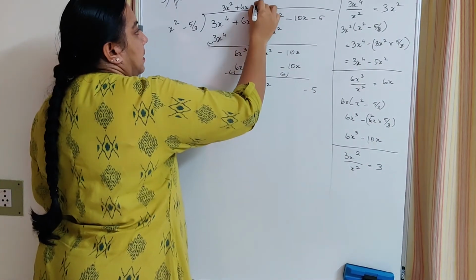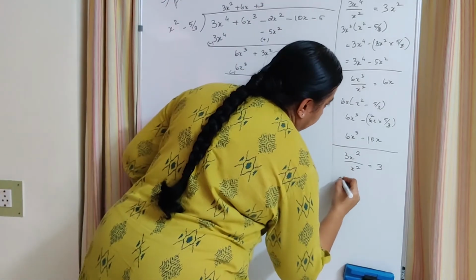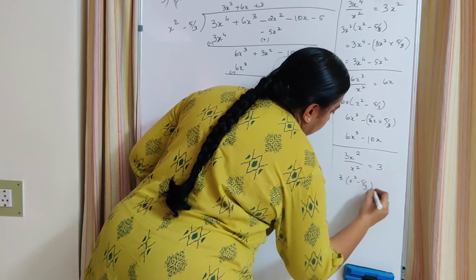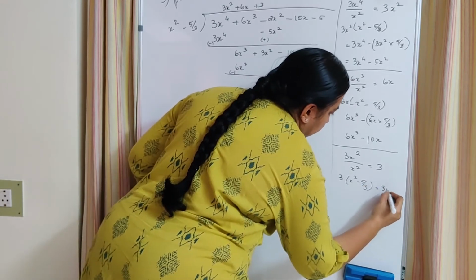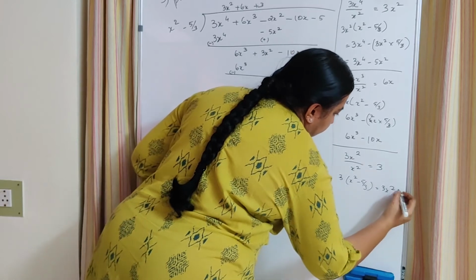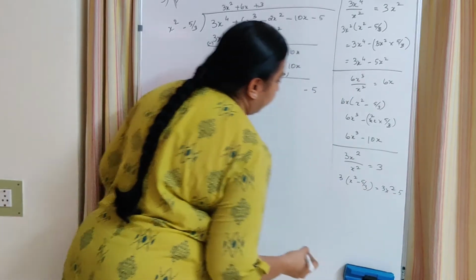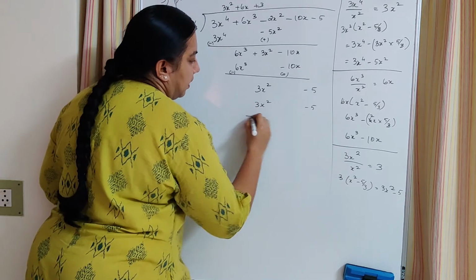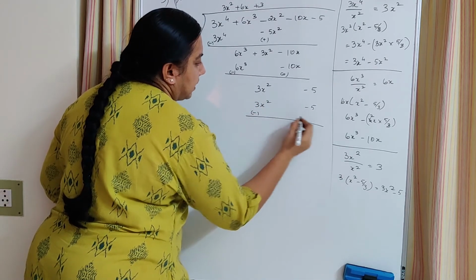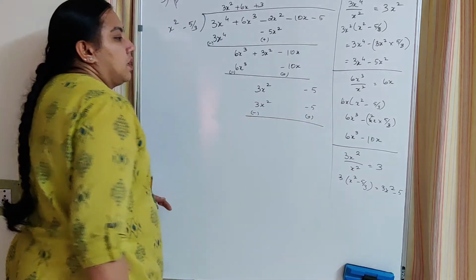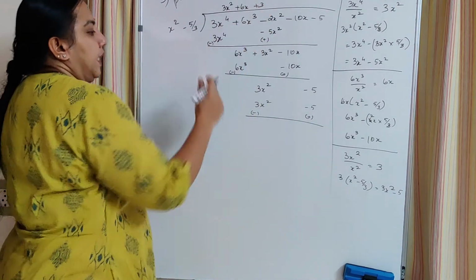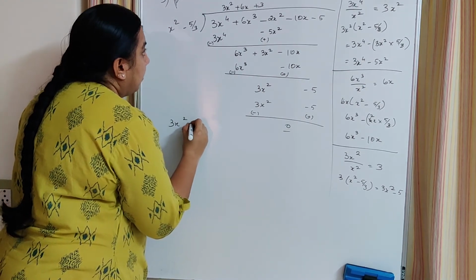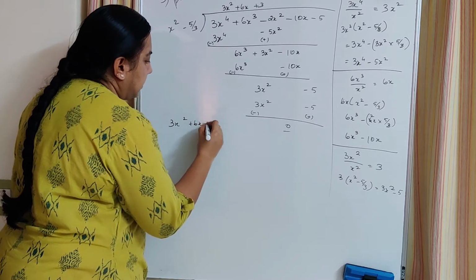So plus 3, and again 3 into x square minus 5 by 3 is equal to 3x square. 3 and 3 get cancelled, so only minus 5 is left there. 3x square minus 5. As it is subtraction, I am changing the sign. So both the terms get cancelled and we get only 3x square plus 6x plus 3.